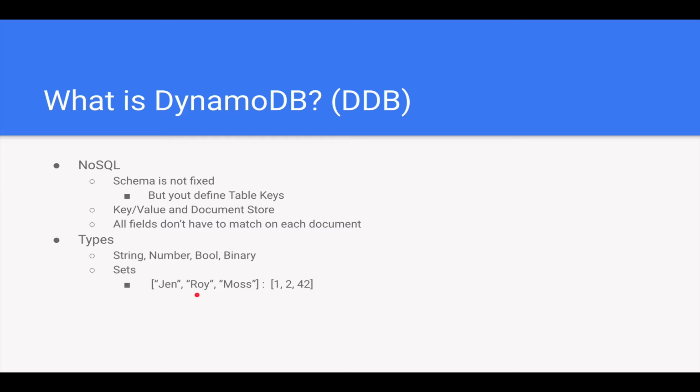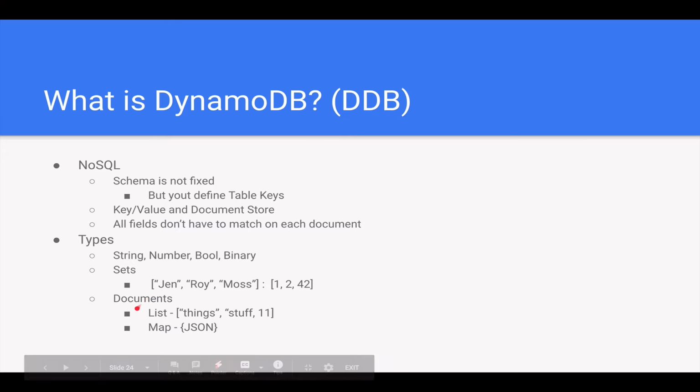So Jen, Roy, and Moss are from the IT Crowd, and they all have to be strings. And these are just sets of numbers. There are some subtle performance gains you can gain from using sets within Dynamo, but they're outside the scope of this class.